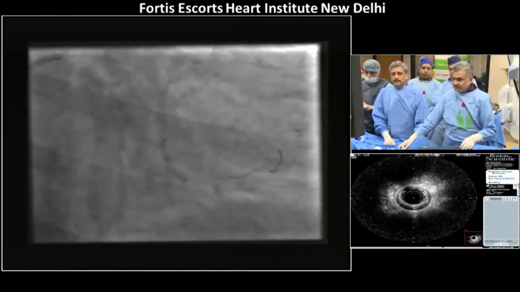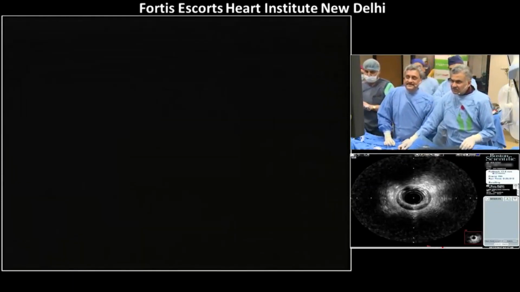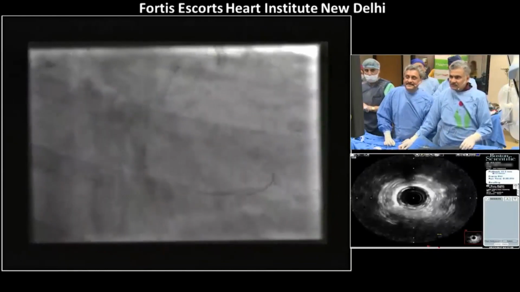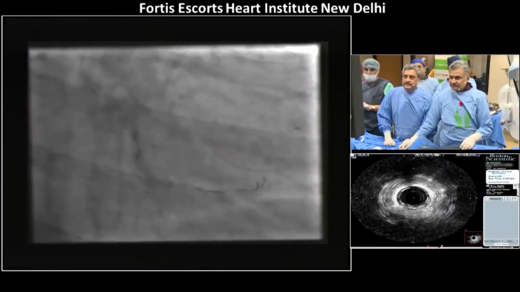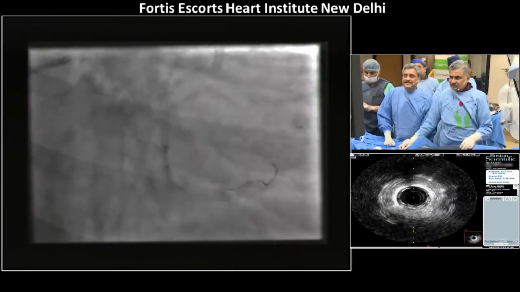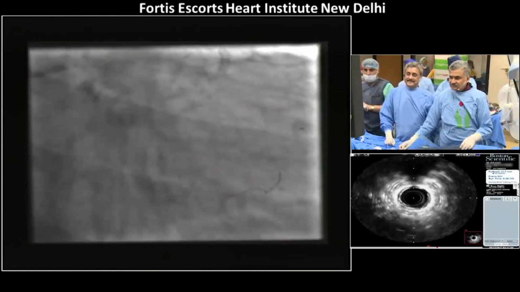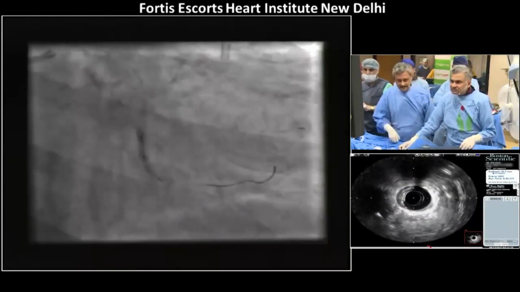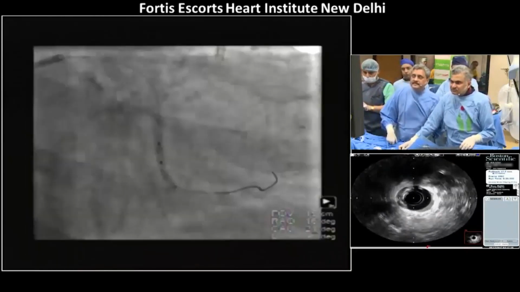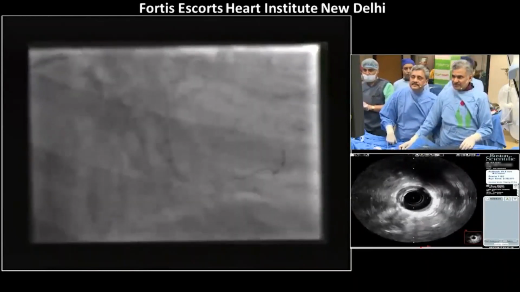Okay, all of you hold your breath. It's trying. 26 and a half, 27. Seems better, but there's a little indentation. No, it's a good indentation still persisting.